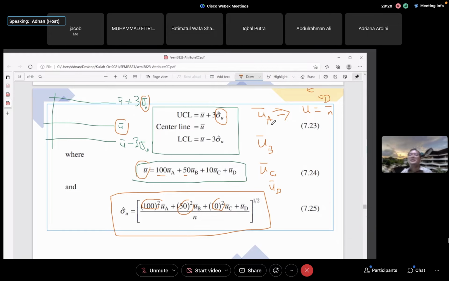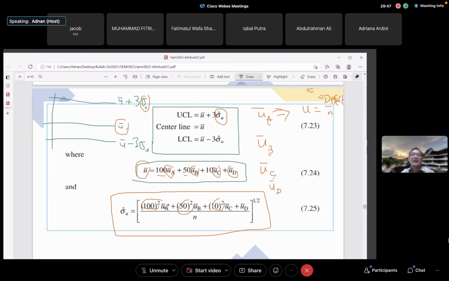Don't confuse this with the label, we are using the same letter but it's not related. This is basically defects, not defective. Is it a serious defect or a minor defect? So these are the averages of different categories, and then we put in the weightage and we get U.